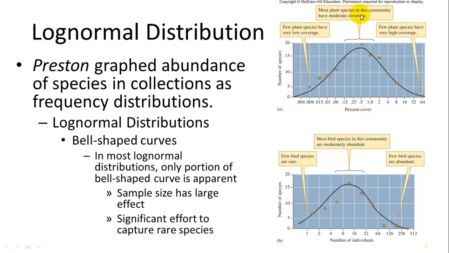So most plant species in this community had moderate coverage. Those that had very extensive coverage, there were very few of those. Same thing when you look at birds in this. Most bird species were moderately abundant. A few of them were rare, and a few of them were very abundant.